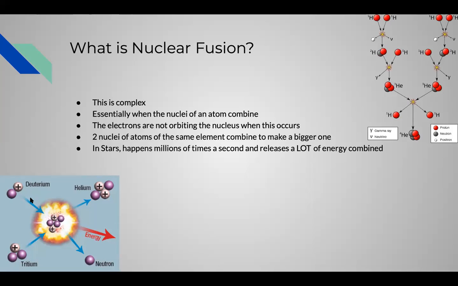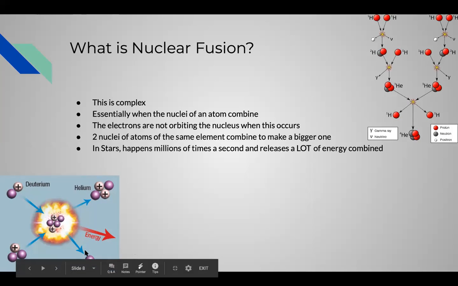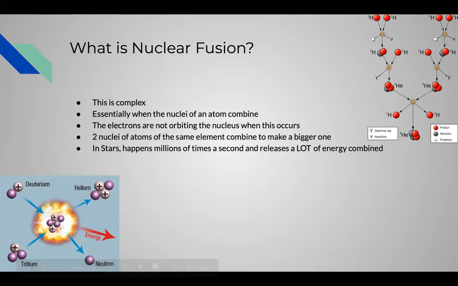Atoms combine, big explosion, you get another atom, a lot of energy, and some leftovers. This is a more complex diagram over here, but don't worry, you don't need to understand any of it. Is everyone clear so far?